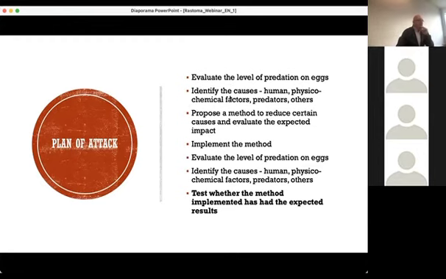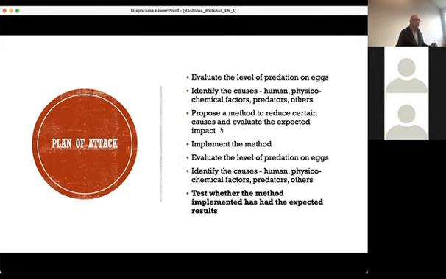You will identify the causes, which can be human, physico-chemical factors, predators, or others. You will propose a method to reduce a certain cause, and you will propose a method to evaluate the expected impact. You will implement the method.